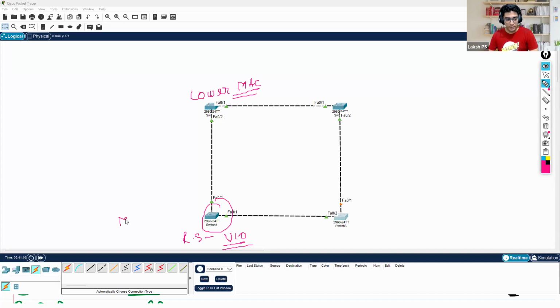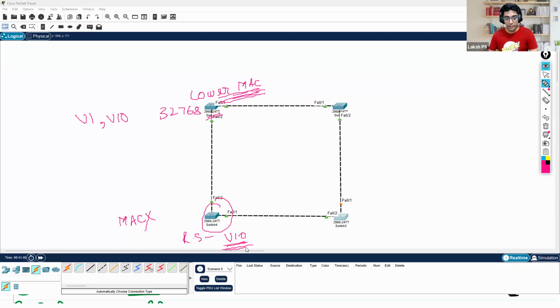Obviously, the MAC address I cannot change, because it's unique. It's built in. I cannot interfere with the MAC address. What can I change? For VLAN number 10, I can lower the priority. By default, this priority is 32,768 for VLAN number 1 and also for VLAN number 10. That is why this switch became the root switch, based on the MAC address.